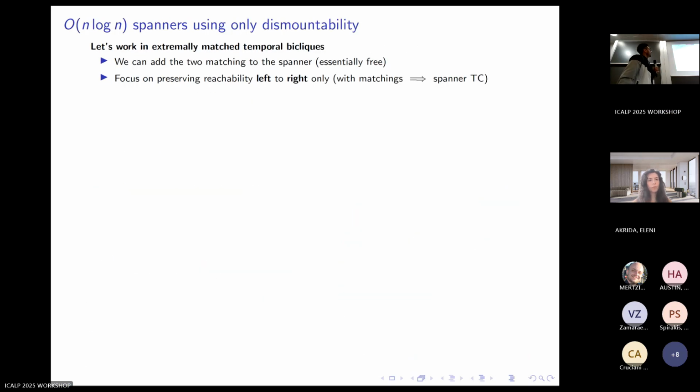This is not a result of this paper, but a result from Casteigts et al. They worked on extremally matched temporal bi-cliques, and they focused on preserving the reachability from left to right only, because along with the two matchings, this gives you that the spanner is temporally connected.